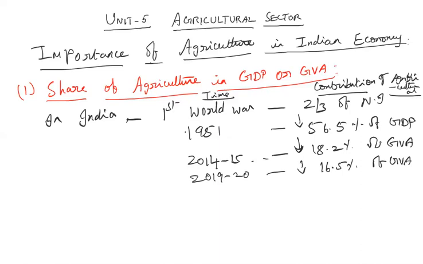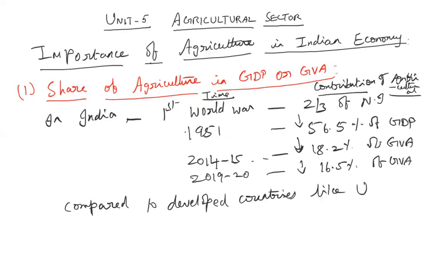Another thing is to compare these figures to the developed countries. What is the contribution made by the agricultural sector in the developed countries to their national income? For example, USA, UK and all, it's only 1% to 2%.